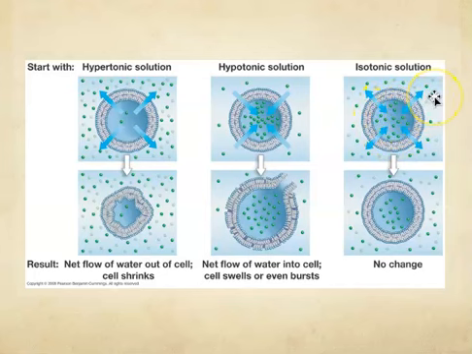Now remember, in our previous diagram involving these green particles, we said that they were not able to cross a membrane using simple diffusion. Perhaps they're too big, perhaps they are too polar, perhaps they have a charge on them. But for whatever reason, they're limited. They're not able to use simple diffusion.